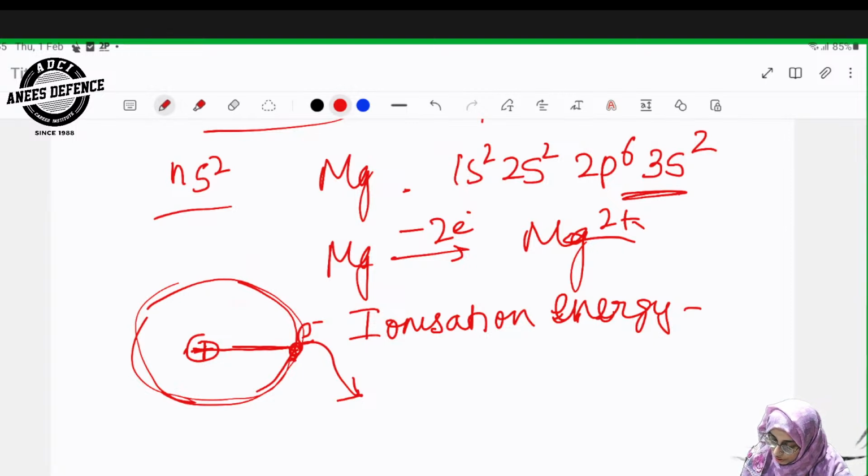The loss of outermost electrons occurs easily, resulting in the formation of M+ or M2+ ions in the case of alkaline earth metals. Except for beryllium, the compounds of the elements of this block are predominantly ionic. Understood this?